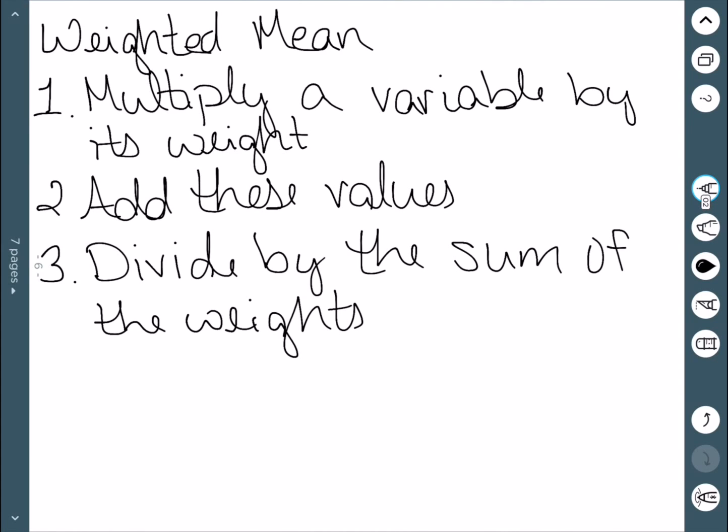In the last step, rather than dividing by the total number of data values we have, we divide by the sum of the weights. This time my formula is the summation of my data value times its weight, so Wx, over the sum of the weights. This one looks a little different. However, we do actually use this a lot. In particular, it's used during calculating GPA, and also many courses use a weighted mean. When I say your homework is worth 25% and your tests are worth 15%, that is a weighted mean.